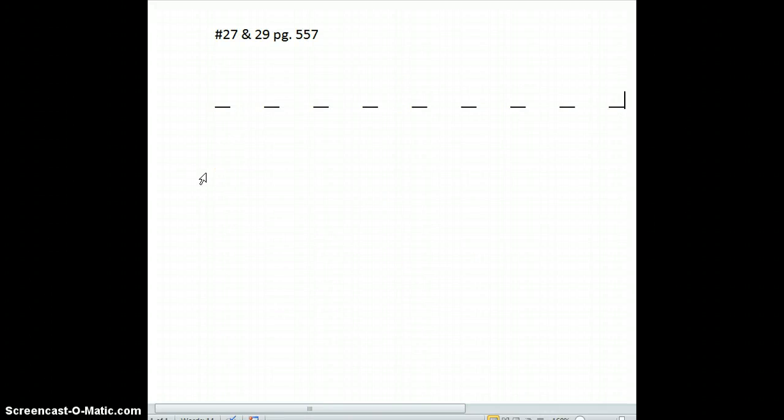For number 27 and 29, they're talking about social security numbers and postal zip codes. So a social security number has 9 spots in it. To figure out how many are possible, you need to know the number of choices for each spot. The first number in your social security can be anything between 0 and 9, any of those digits, which is 10 choices.